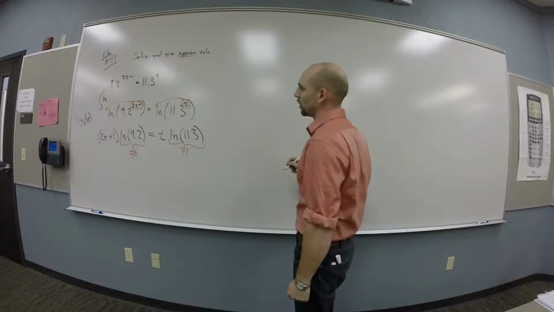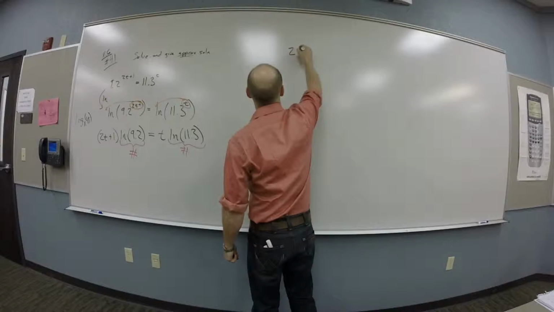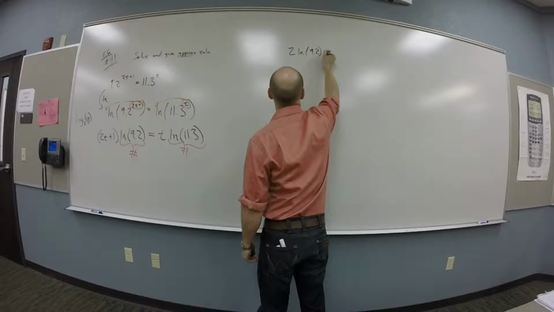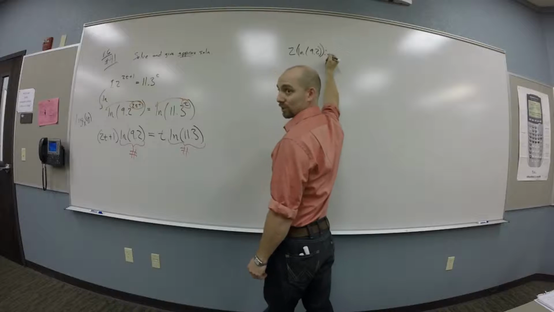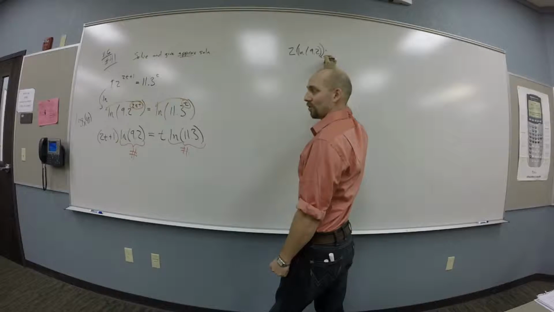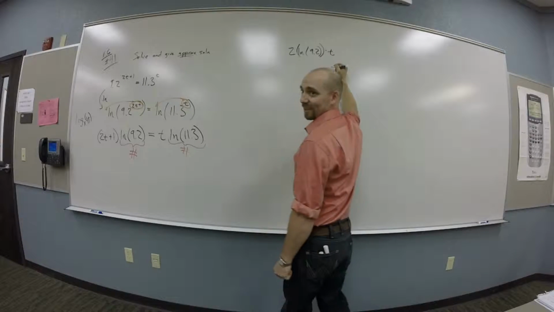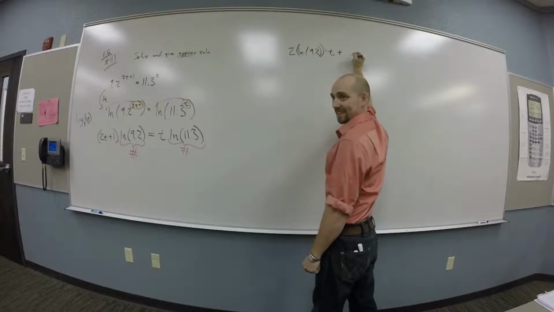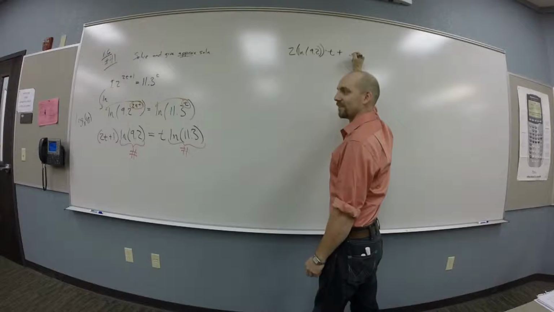Okay, so when I distribute, what do I get? 2 times ln of 9.2, that's all a number, times t, plus 1 times ln of 9.2.